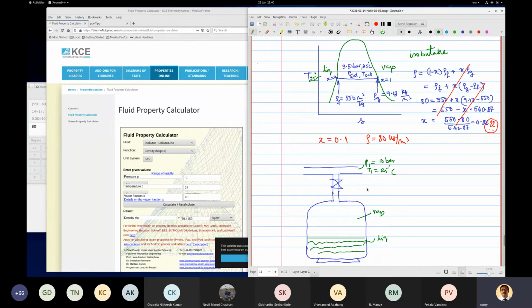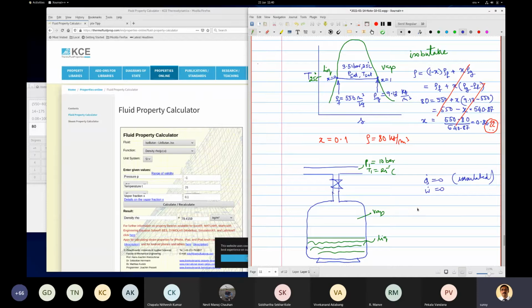So here also, if you insulate this cylinder, if Q dot equal to 0, that means insulated, and work dot is 0, we know.